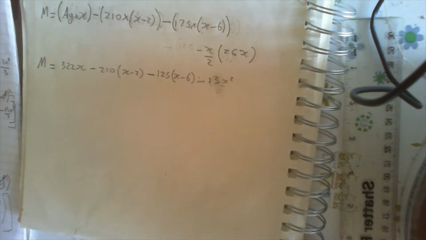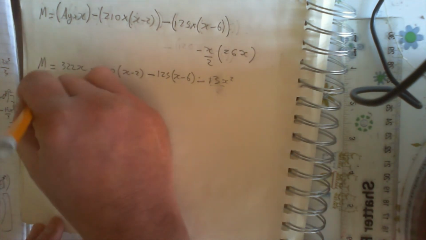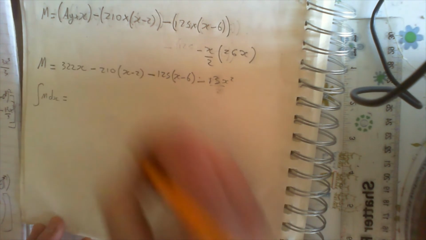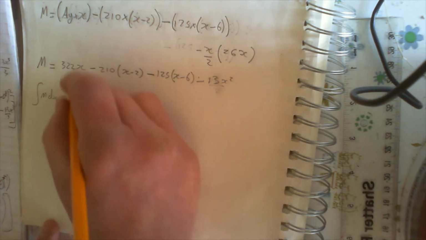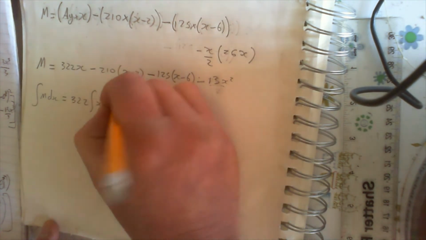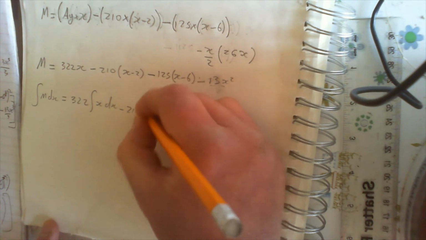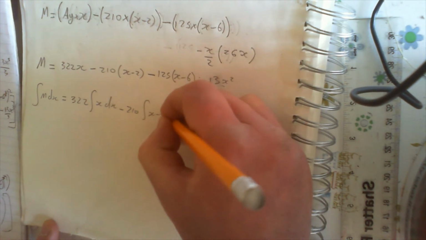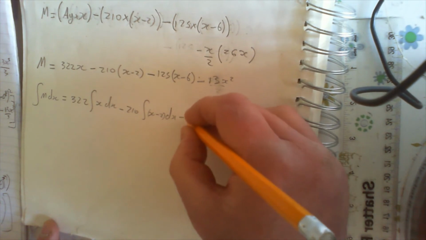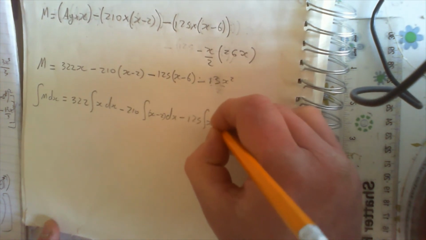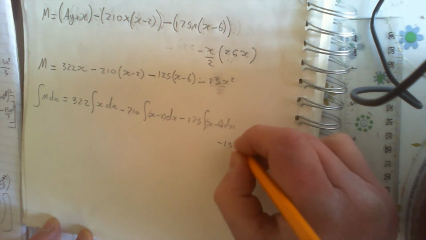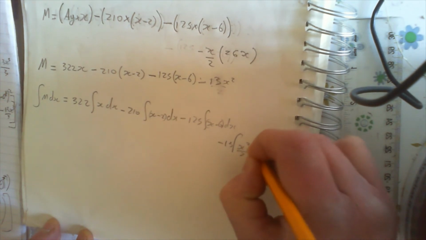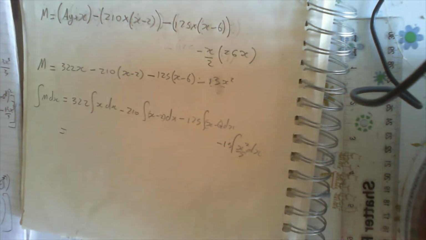So, if we integrate a moment. This is a constant here, so we'll just be integrating this part. And this part here is 13x squared over 2. And let's face it, that's a complete doddle compared to what you've been doing in maths.